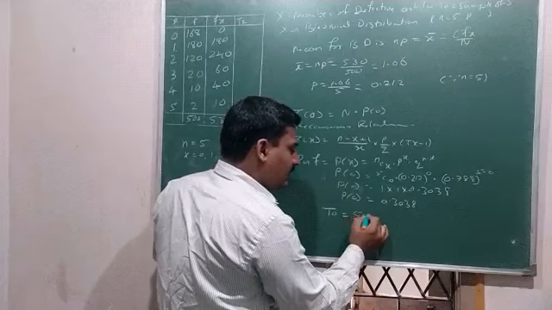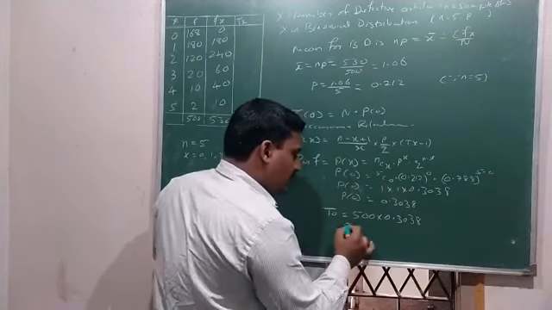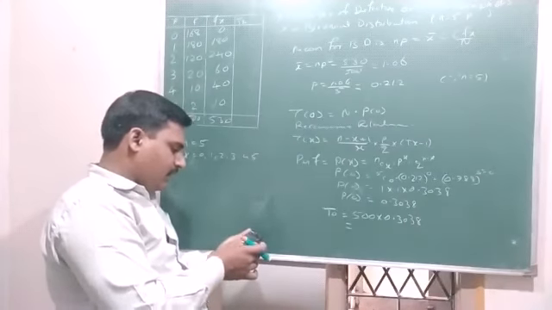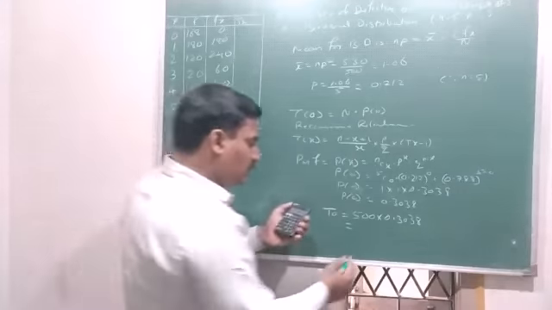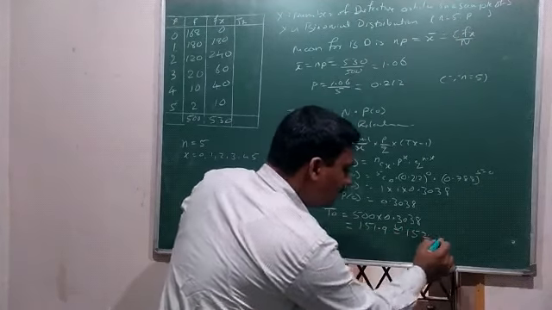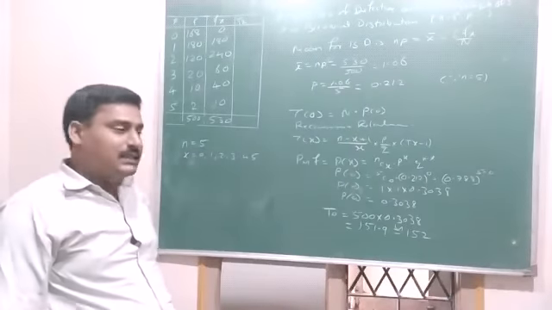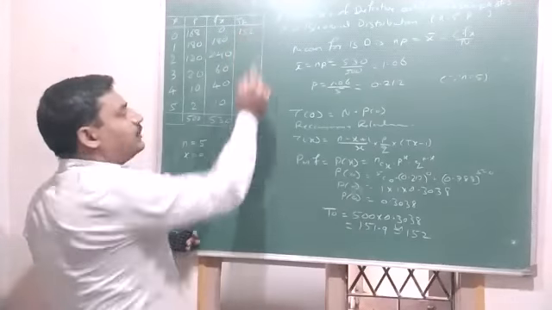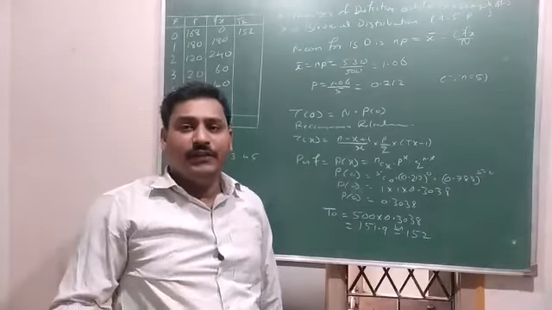So n is 500 into 0.3038, which is equal to 151.9, approximately 152. So the theoretical frequency tells us that 0 defective are got by 152 samples. 152 samples have 0 defective.